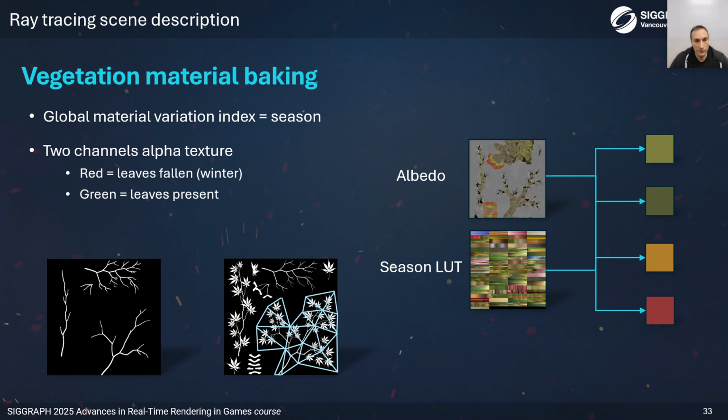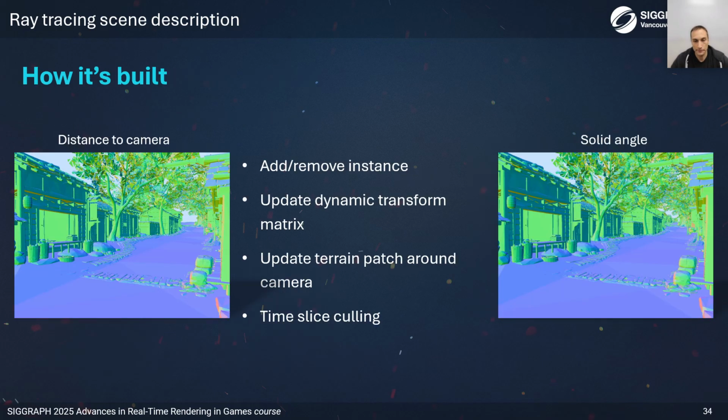In the case of materials for vegetation, we add support for color LUTs. Different colors are defined according to the season. We also support alpha textures with two channels, one with and one without leaves, and the correct channel is selected again depending on the season.